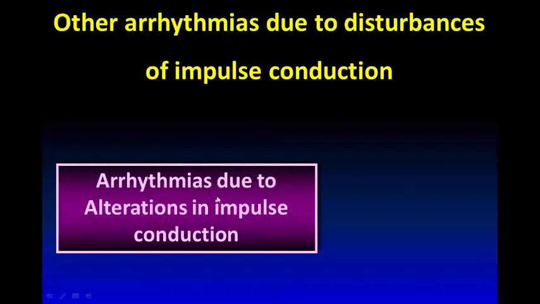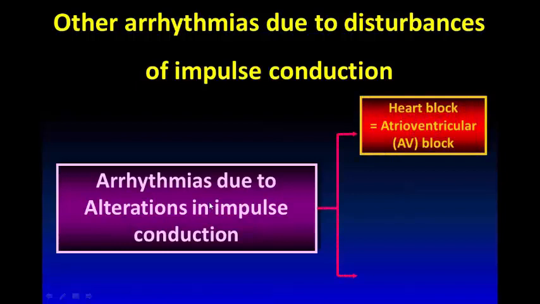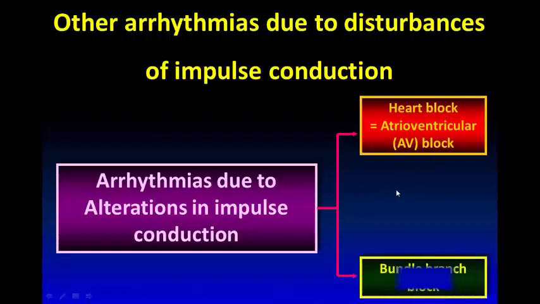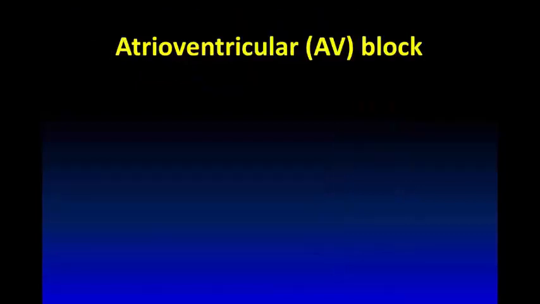The arrhythmias which are due to alterations in impulse conduction are further subclassified into heart block, which is known as atrioventricular block or AV block, and we can have blocks in one of the bundles, in the right bundle branch or in the left bundle branch.